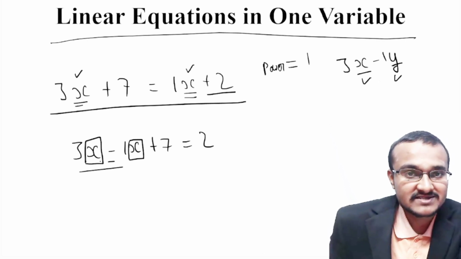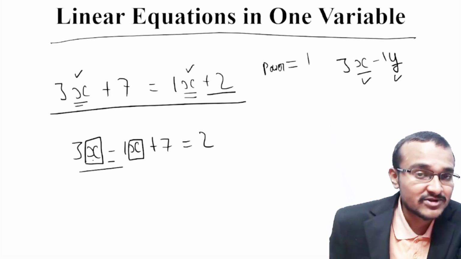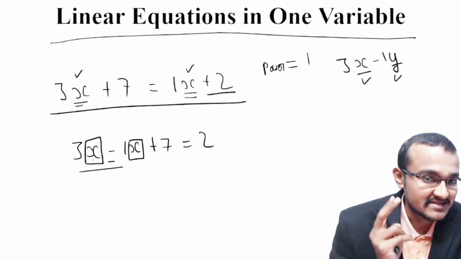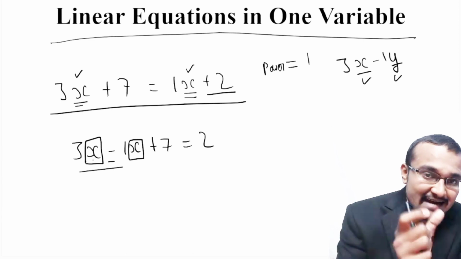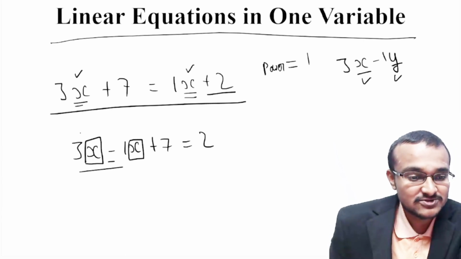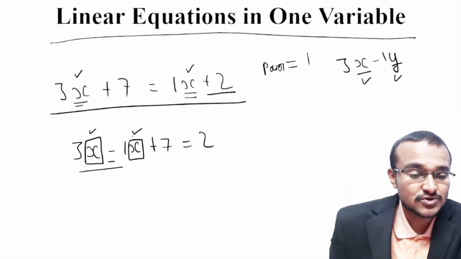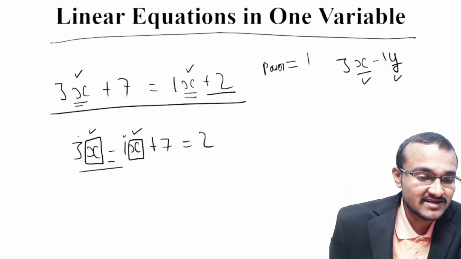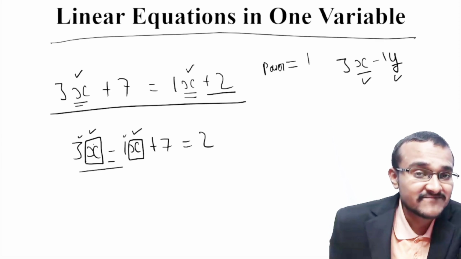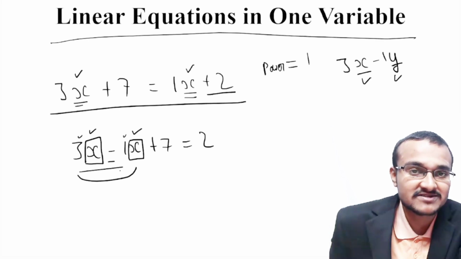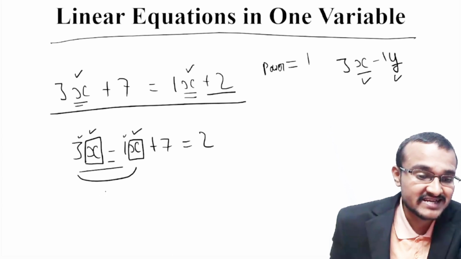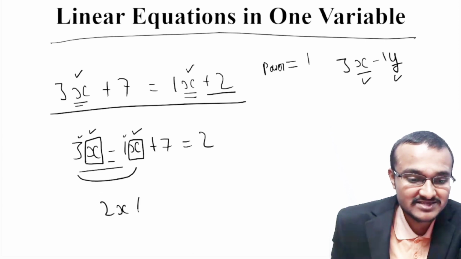Here the variables are the same. Only when the variables of two numbers are the same can you add or subtract them. Along with this 3 you have x, along with this 1 you have x, so they have the same variables. Hence you can perform the subtraction between 3x and 1x. So 3x minus 1x will become 2x plus 7.